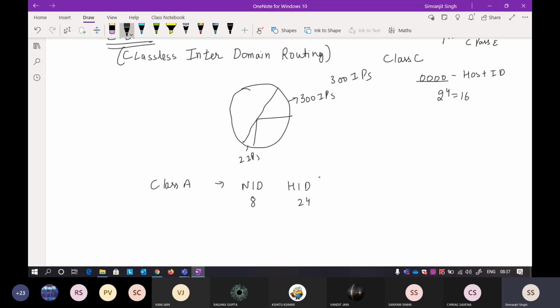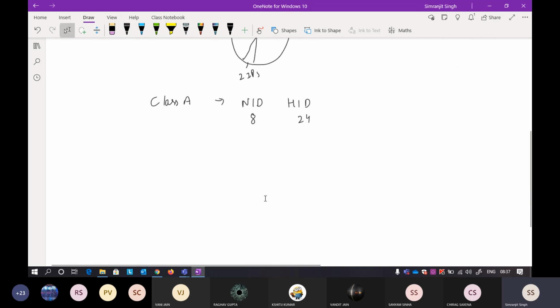Instead of this scheme, we divide the space into 2 parts, and these 2 parts are referred to as block ID and host ID. Block ID is also referred to as the network ID, or the subnet ID.